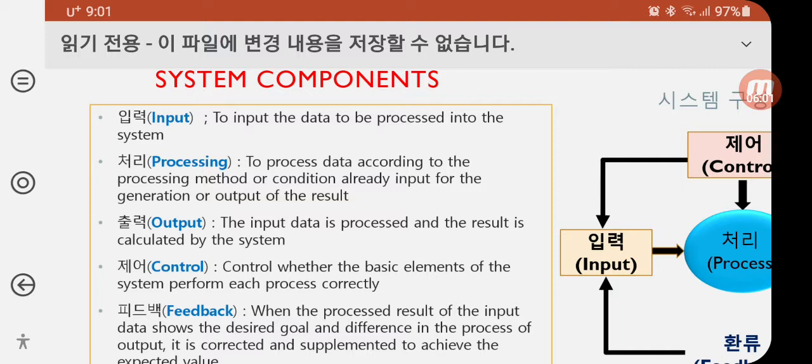Control unit: controls whether the basic elements of the system perform each process correctly. Feedback unit: when the processed result of the input data shows a difference from the desired goal in the process of output, it is corrected and supplemented to achieve the expected value.